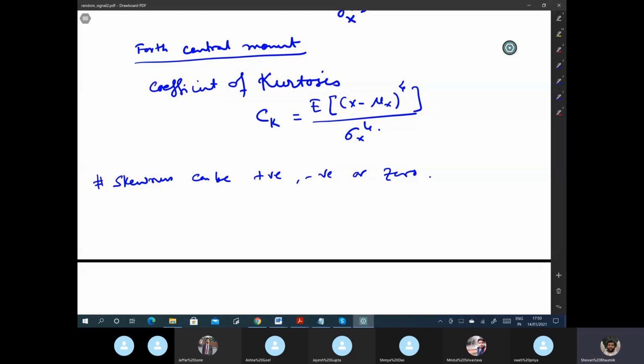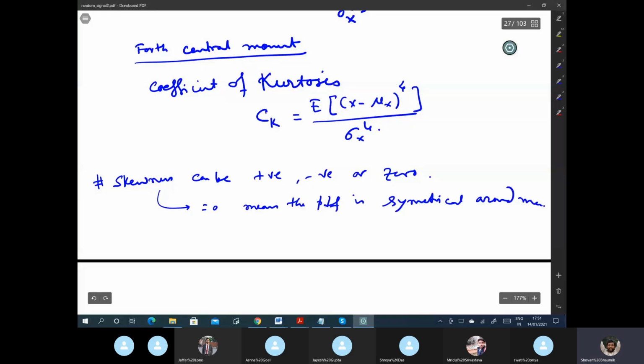So skewness equal to 0 means the PDF is symmetrical around the mean. If we have a Gaussian distribution like this, where this is the mean, we know that it is symmetrical around the mean, so the skewness C_S will be equal to 0, right?